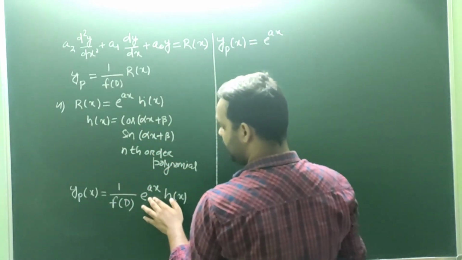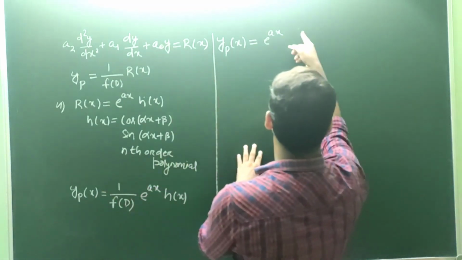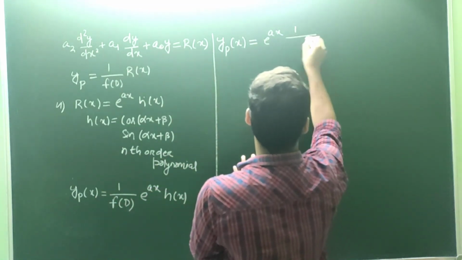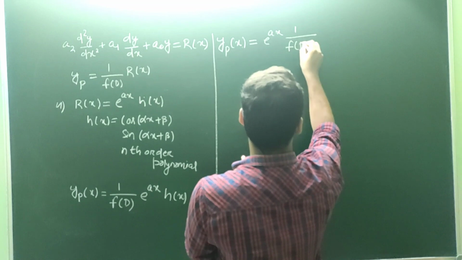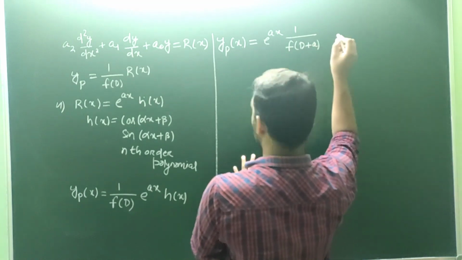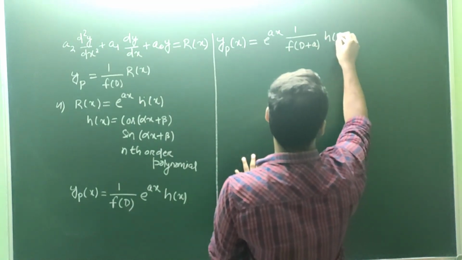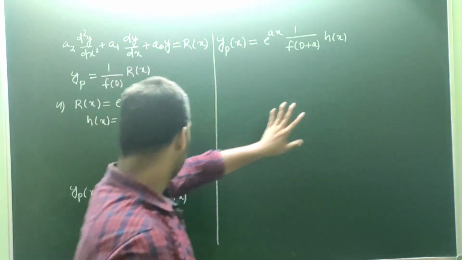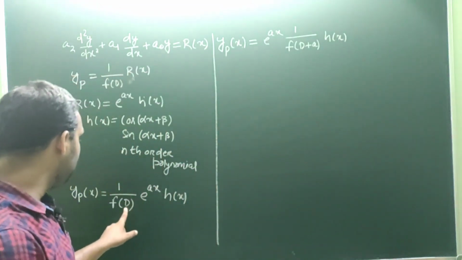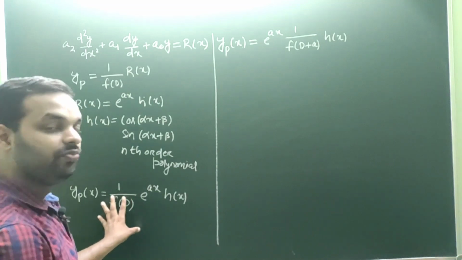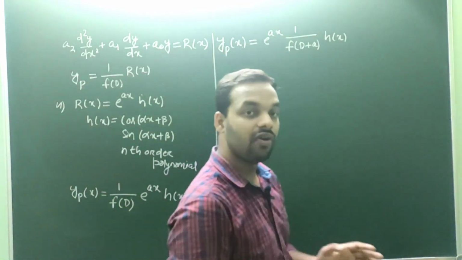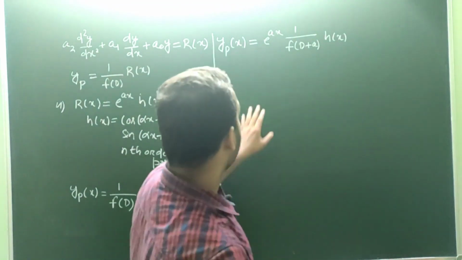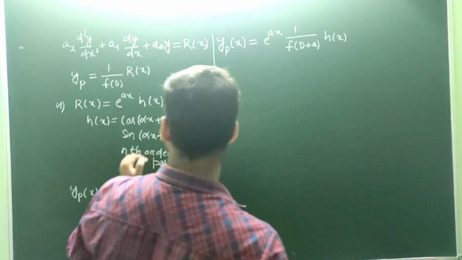You will take this e to the power ax from this side to that side, so it will be 1 by f of D plus a into h of x, right? So the first step is to take D plus a in place of D and write down the modified function of D, right? And after that the steps will be the same.